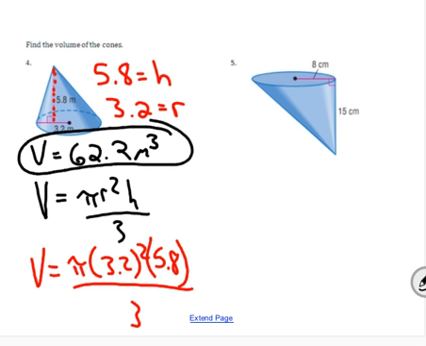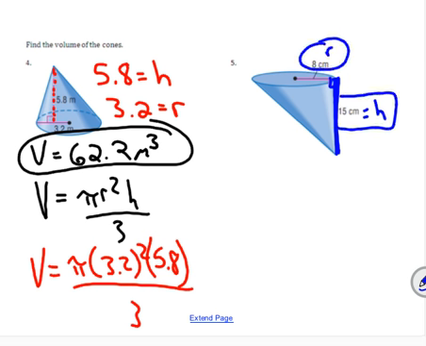So make sure you're practicing some of these. Good news for us here. This is perpendicular here. So this 15 is straight up and straight down. So 15 becomes our height. And 8 is still a radius.